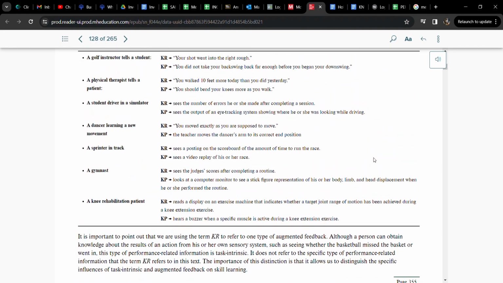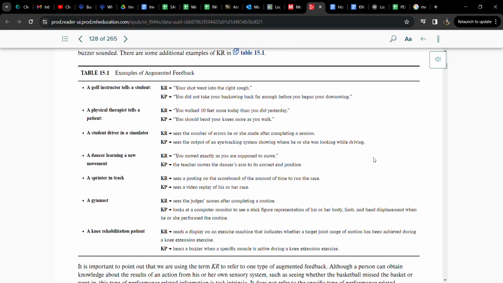So if we go into these examples here at table 15.1, the first example, of course, because it's golf, I'm going to talk about it, is that your KR, or your knowledge of result, is that your shot went into the right rough. So that is the result. That's what happened. That's the outcome. However, your performance says, what did you do that made that happen? So the instructor says, hey, you did not take your backswing far enough back before you began your downswing.